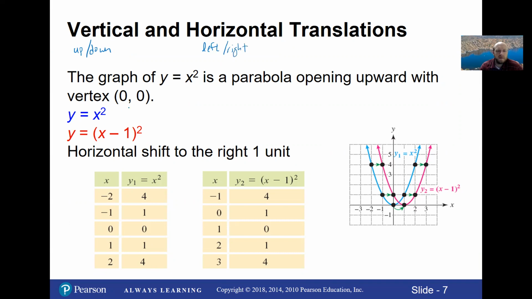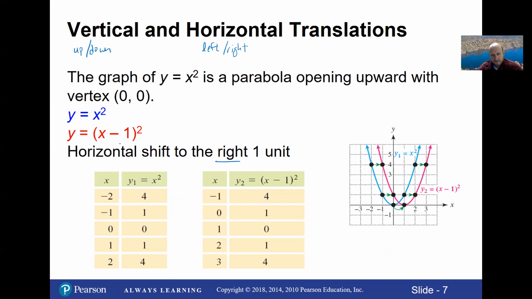We're going to talk about horizontal shifts here. If I have x minus 1 squared in parentheses, that's going to shift everything to the right 1 unit. The blue graph here is our base function y equals x squared, and the red graph has all its points shifted to the right 1 unit. This is kind of interesting because sometimes people think, why is it to the right when it's a minus?